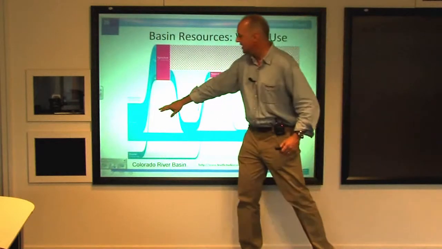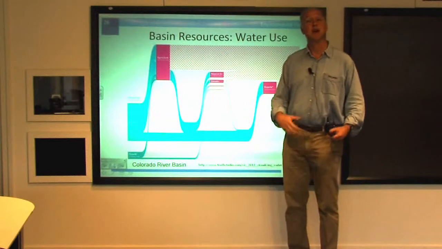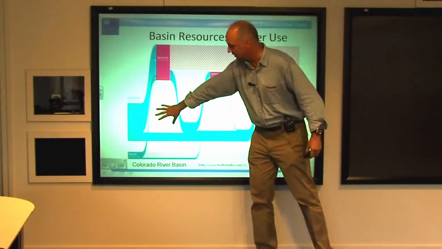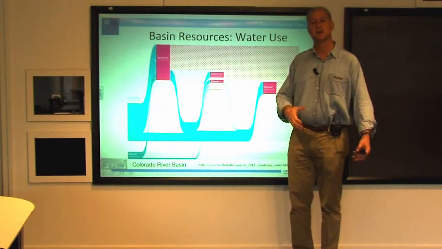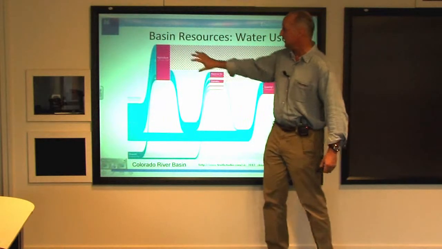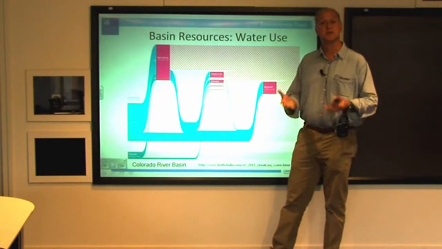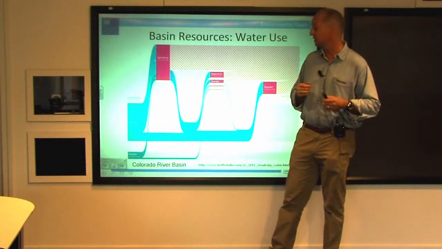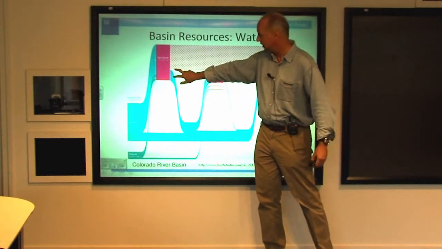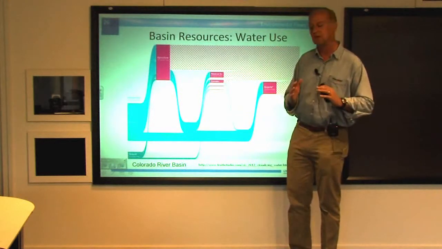And we can see that a large proportion of that water is abstracted to be used for agriculture. The largest proportion of water from the river is removed to be used for irrigated agriculture. And we can see that the largest part of that water is returned to the atmosphere through evaporation and transpiration. But a portion of it, and actually a relatively large proportion of the whole, is returned to the river through return flow.